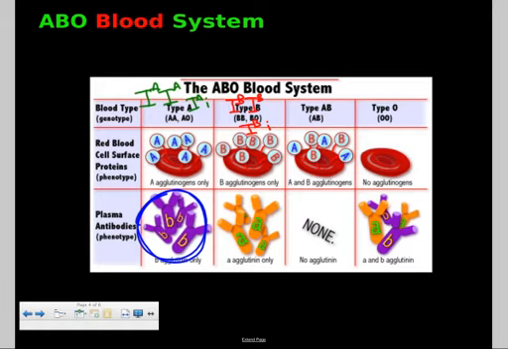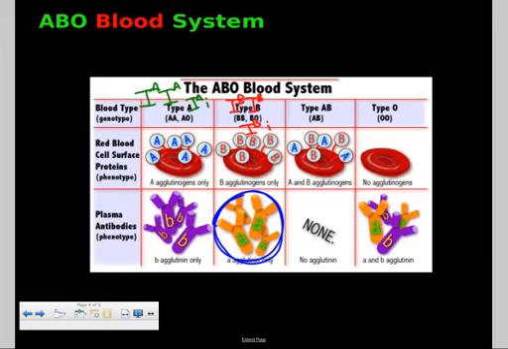So if our genotype says that we have B surface proteins on our red blood cells, then we're going to defend against A proteins, so we're going to produce A antibodies.